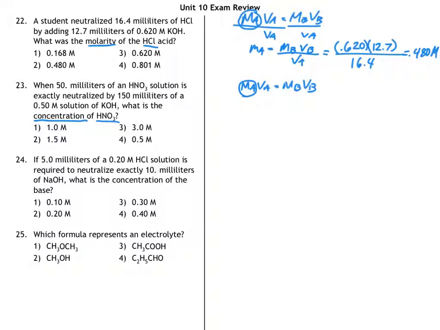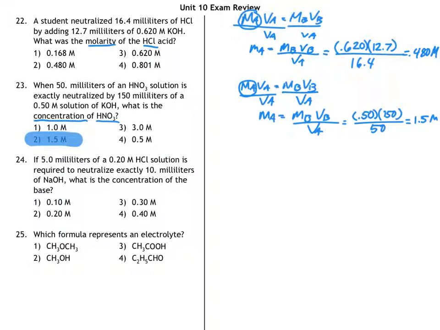So as I isolate for MA, I'll divide by VA on both sides. And MA will come out to be MBVB over VA. And I'll plug in variables that I know. So I did just plug in those numbers, and I was able to get 1.5 molar as my answer, which would mean that my answer choice is choice 2.